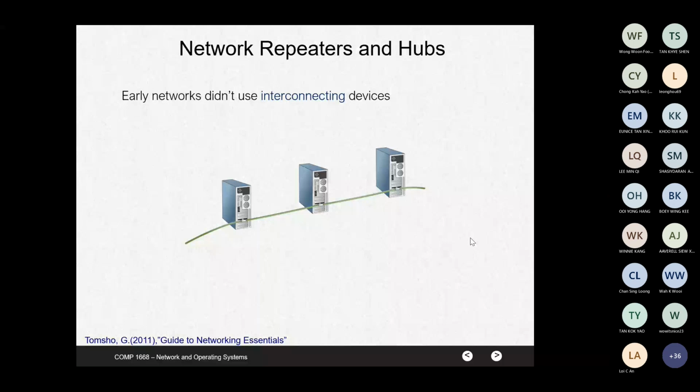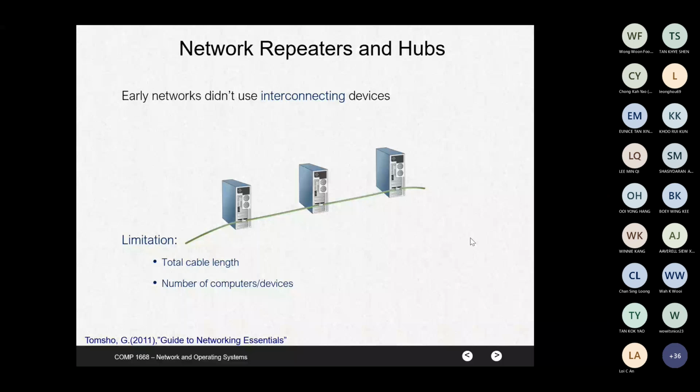That's why they came out with devices such as repeaters. Remember I told you the limitation earlier was in terms of total cable length and the number of computers or devices that can get connected.